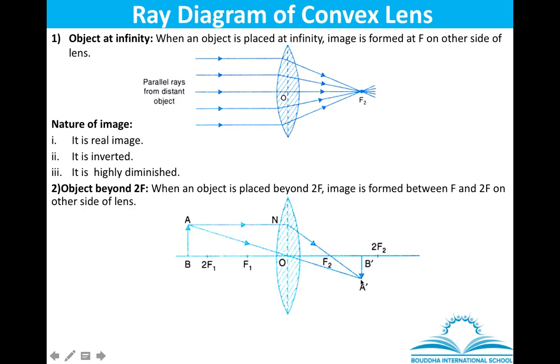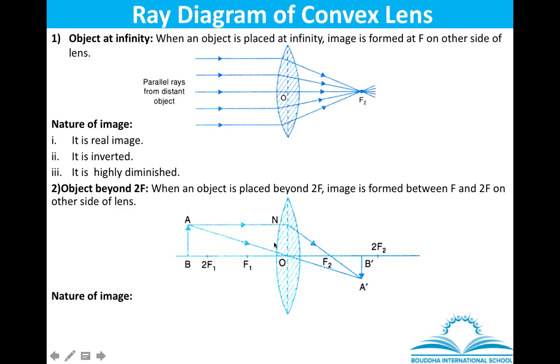So they meet here, the point where the rays of light meet, exactly there the image will form. So the image has formed between F and 2F. That's why it is written that when the object is placed beyond 2F, the image is formed between F and 2F on the other side of the lens.